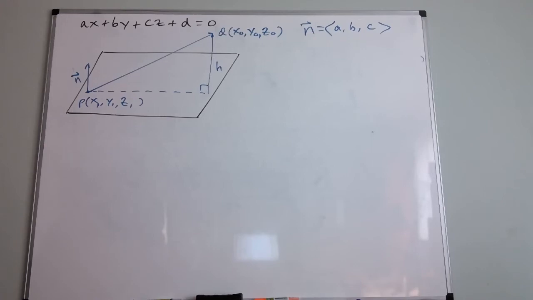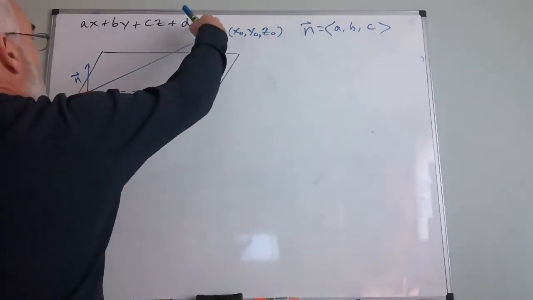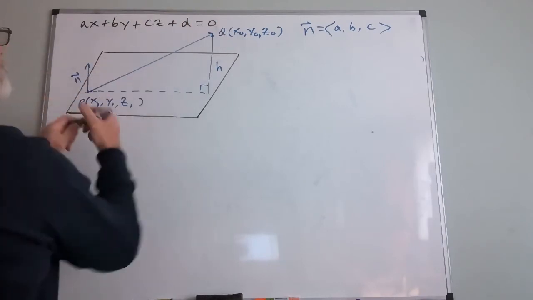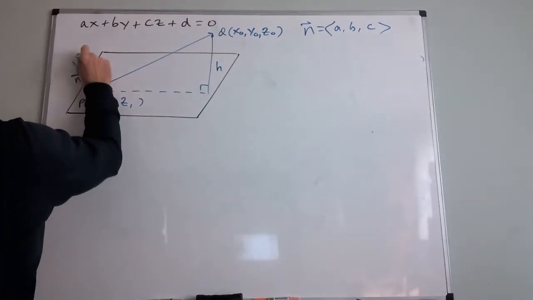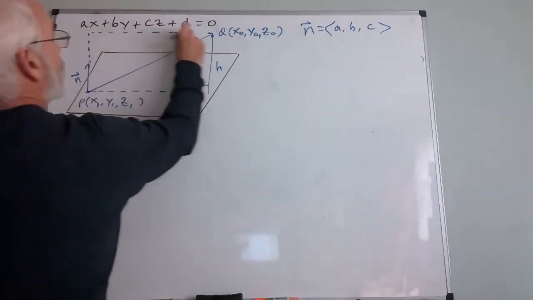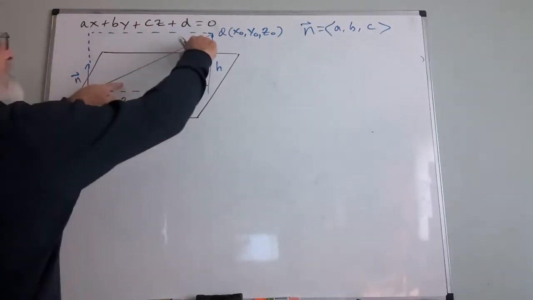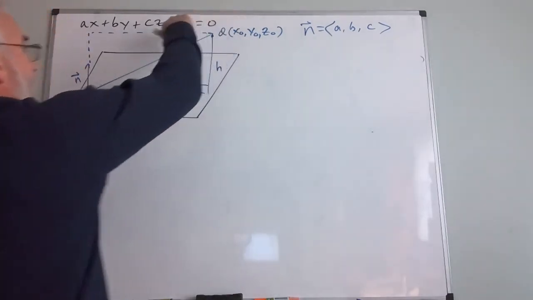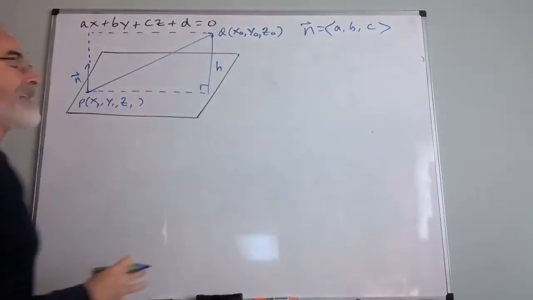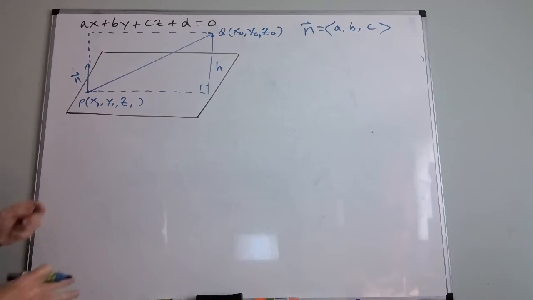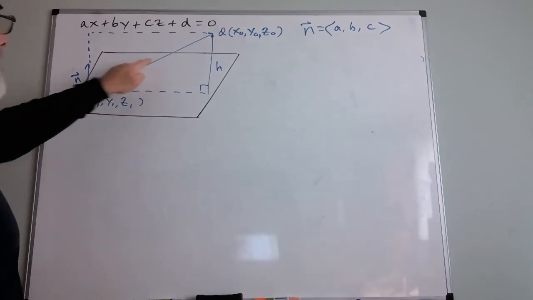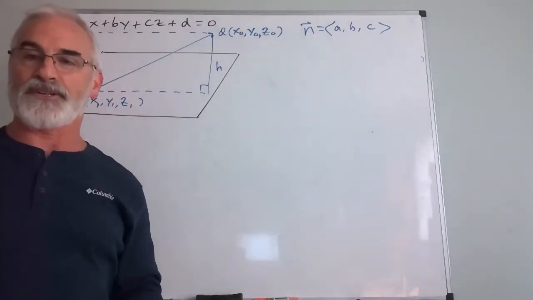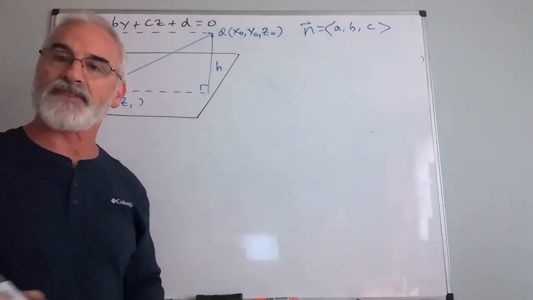So if you guys remember this, how much of this is in this direction? So if I went up like this, how much of this is in this direction is the height? And so the easiest way to do that is to do the dot product of PQ, but not on N, on the unit vector in the direction of N. This is something we did last day.